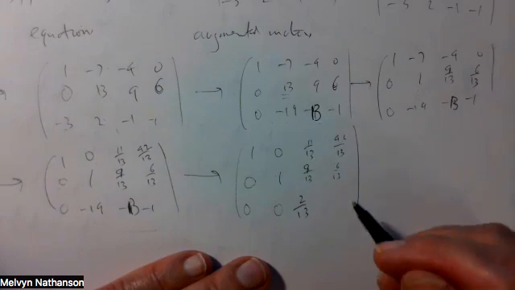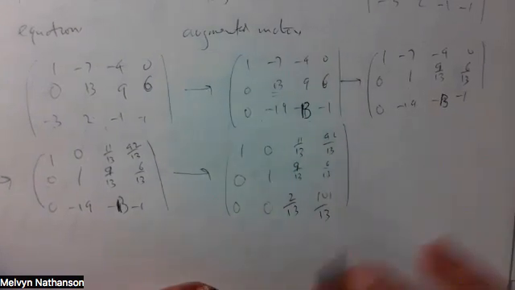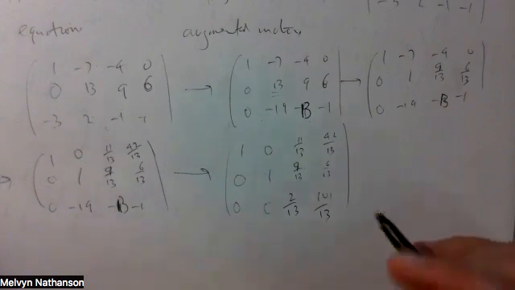So this is 101 over 13. Again, this is all done in the notes. In the notes, I mean, it's correct. And this is correct. I just have to do my arithmetic by hand carefully.